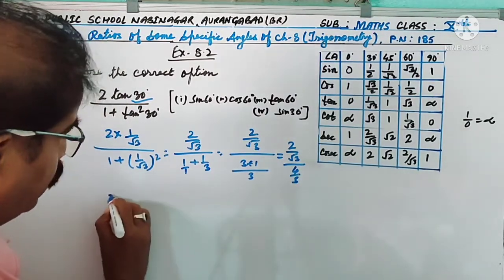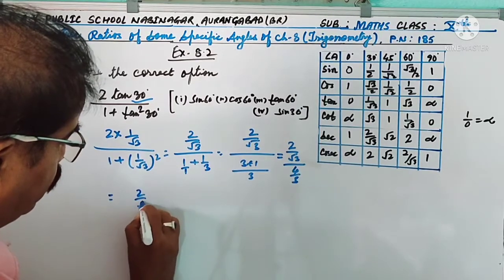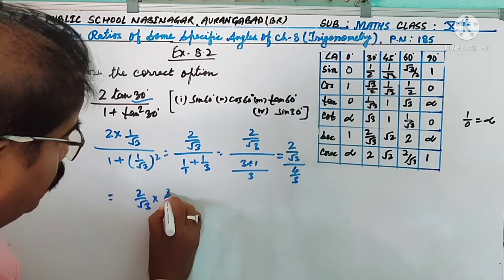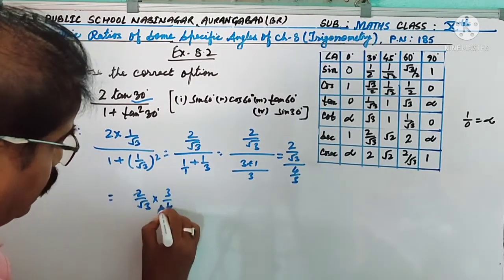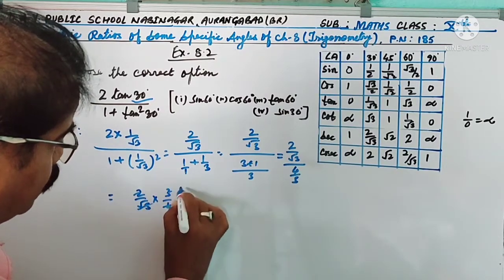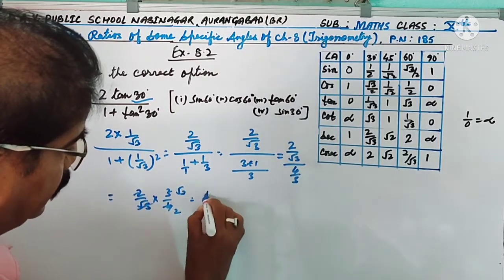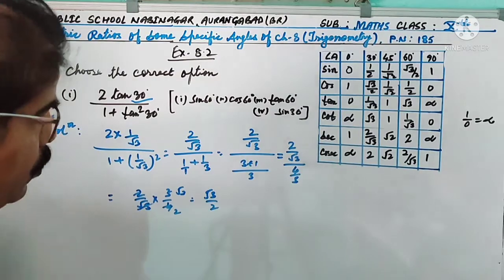So 2 by root 3 into 3 by 4. Cancelling, 2 into 4, and root 3 into root 3 gives root 3 by 2.